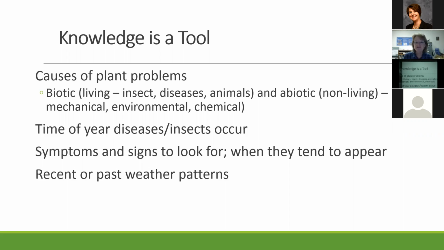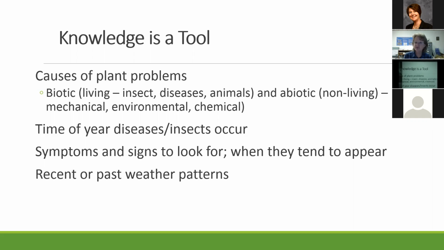So 3 to 5 years after a severe drought, we begin to see things like verticillium wilt in trees. We might see an increase in borer damage to trees, just our native borers, because during those stress years, plants' resistance lowers, and then they're more likely to become infected or infested with things like verticillium wilt or a borer.